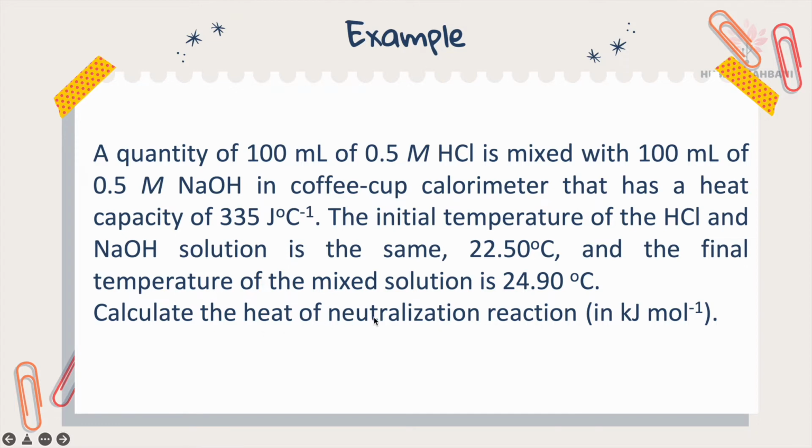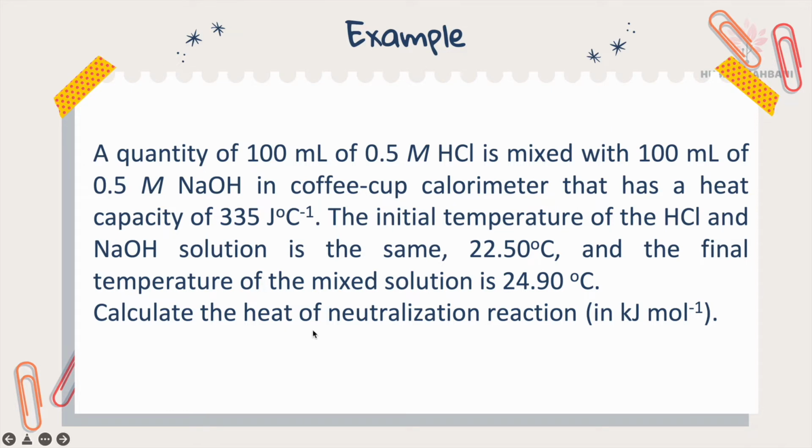Heat of neutralization definition means you need to calculate for 1 mole. So that's why here it is in kilojoule per mole. If the question doesn't state it must be in kilojoule per mole, you have to know that you need to calculate for 1 mole, because the definition of heat of neutralization is for 1 mole of water produced when you react acid and base.